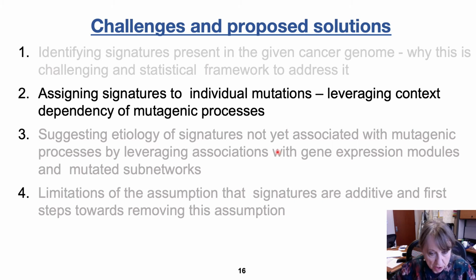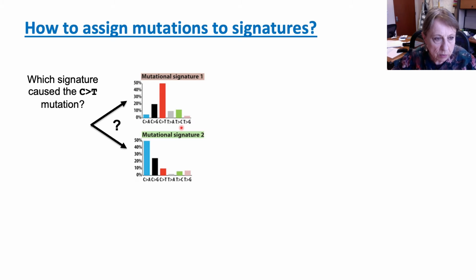The next question that we ask is this: given a mutation within a patient genome, are we able to decide which mutagenic process is responsible for generating this particular mutation? To be more specific, assume that we have already performed the analysis described before.